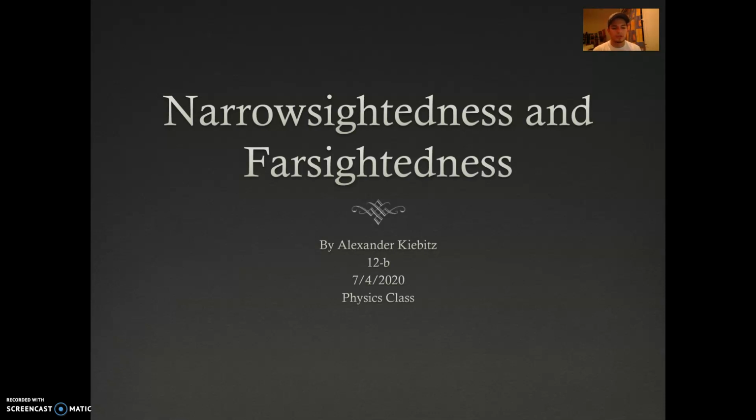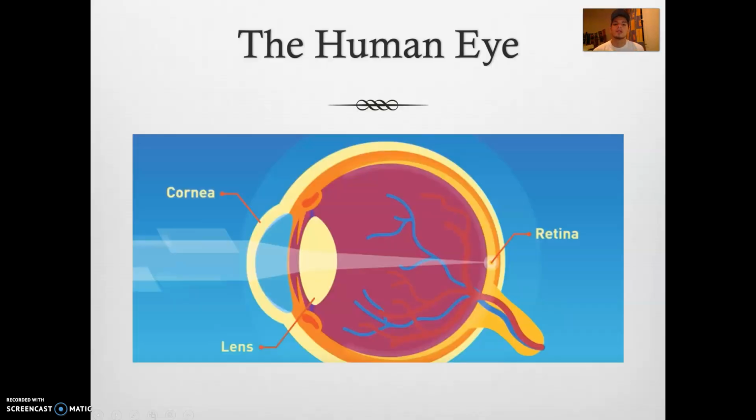We're going to start off with talking about the human eye, showing the main parts which give us the ability to see objects, to perceive life around us through the eye.